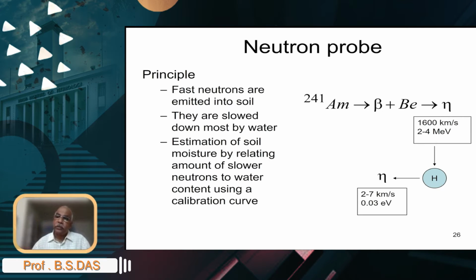The next one that we talk about, and the way I have planned this presentation, I would go from probably the more expensive methods to the cheaper methods, and obviously as the method changes, and these are all indirect methods, each one of them has certain limitations and certain advantages, and we'll discuss each one of them, and hopefully, depending on the availability of funds and our requirement, we would be able to adopt one or the other method.